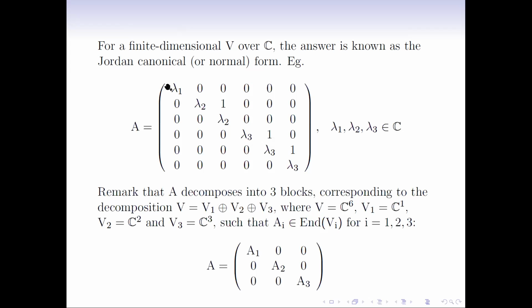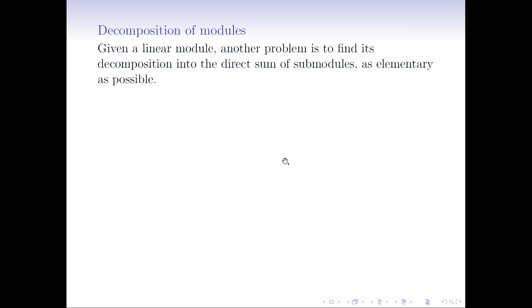The first block is just multiplication by lambda 1. The second block has lambda 2 on the diagonal and 1 above the diagonal. And the third block is 3 by 3, with lambda 3 on the diagonal and 1 above. So given a linear module, another problem is how to decompose it, if it's possible, into a direct sum of submodules as elementary as possible.